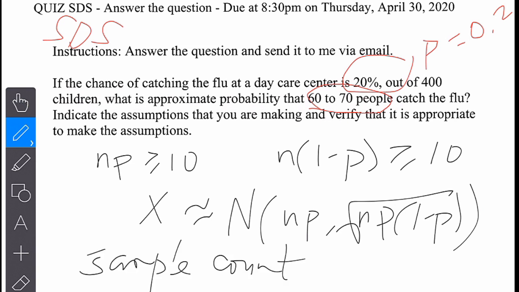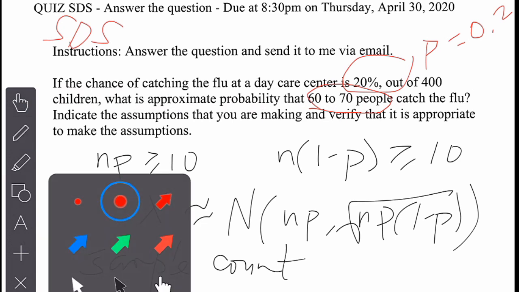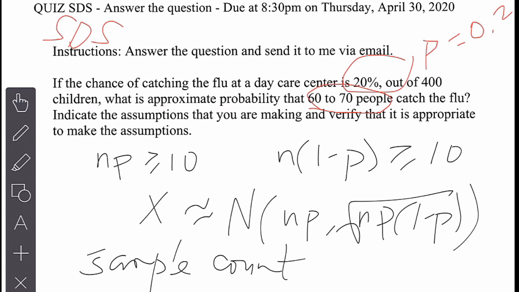So I made the assumption, so let's just verify that this is true. N times p, n is 400 times p of 0.2, so 0.2 times 400.